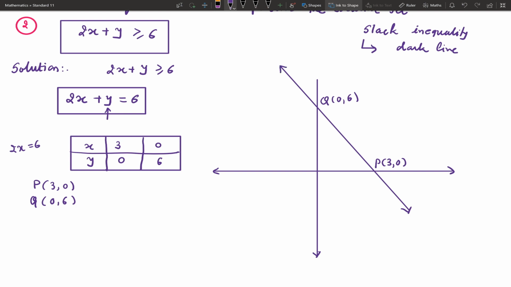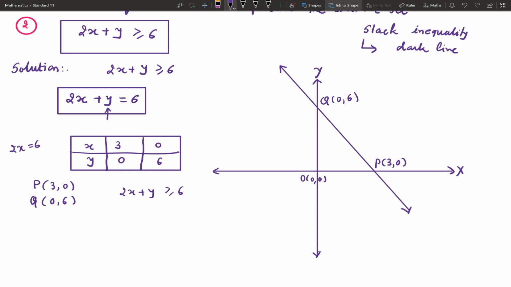As usual, you can observe, since it is a slack inequality, the line is a dark line. This is the x-axis, this is the y-axis. Now by origin, we take the coordinates of the origin (0, 0). Now the inequality is 2x plus y greater than or equal to 6.